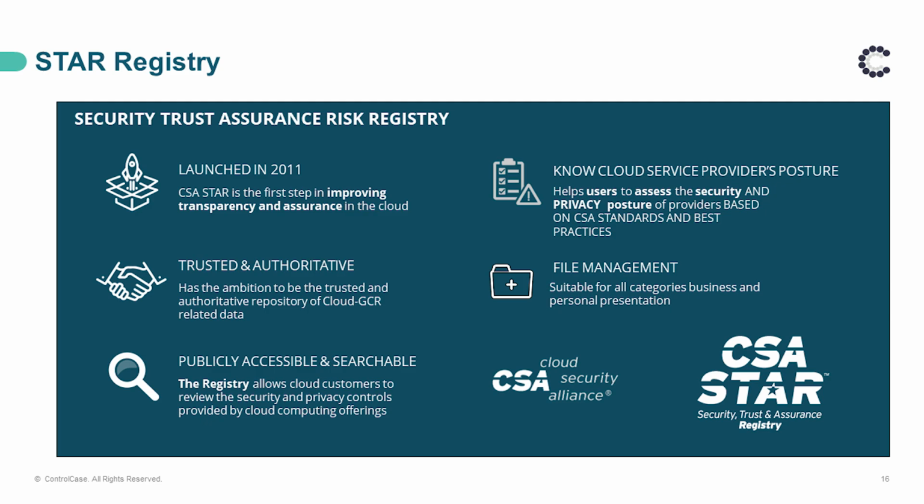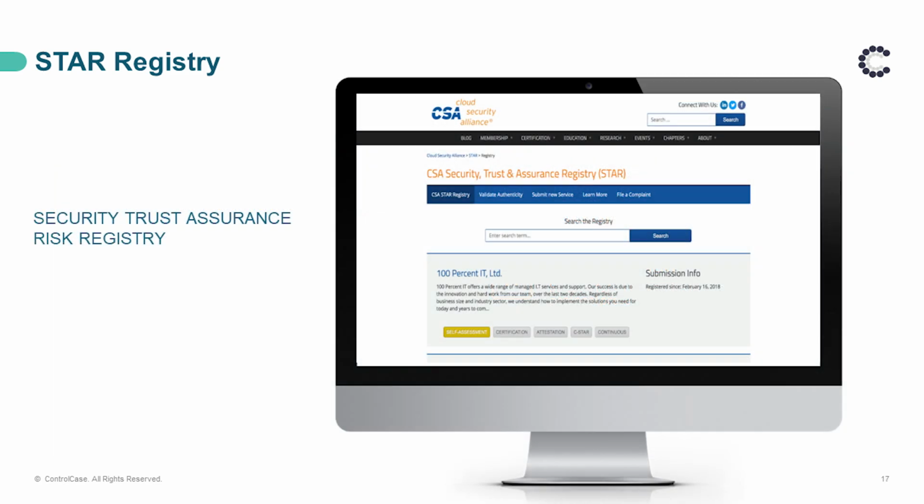The information within the registry is manually accessible by anyone. In the case of CSA corporate members, they also have access to an API that basically allows them to funnel all the data from the registry into their internal GRC system, so that you can have fresh information about the security posture of those cloud services at any point in time.